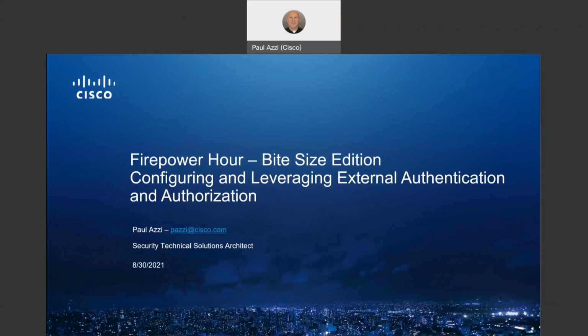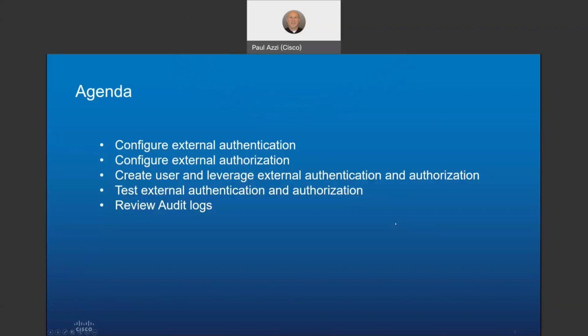So from an agenda perspective, pretty straightforward. We're going to be walking through how to configure an external authentication. In my lab, I'll be using Active Directory. We'll walk through how to leverage both internal and external authorization. In the previous recording, we reviewed role-based access control, so you can configure a variety of types of roles, which in fact would be your authorization level.